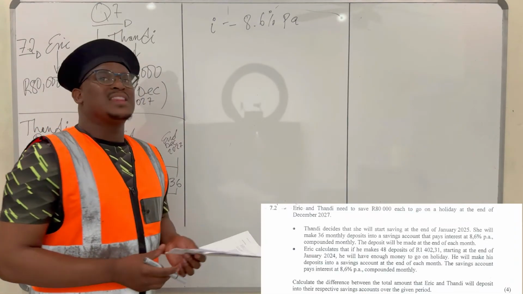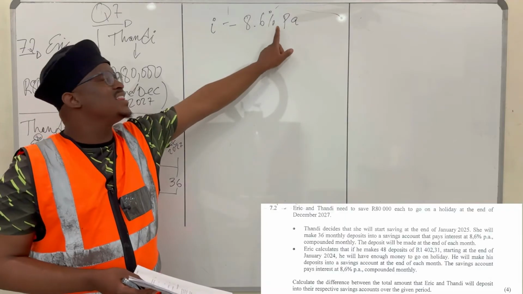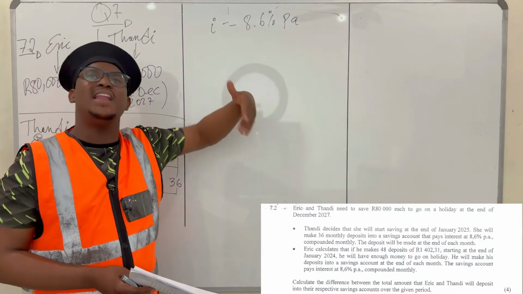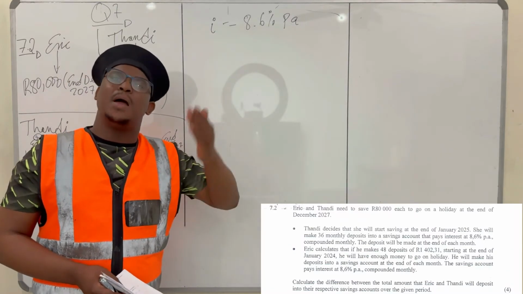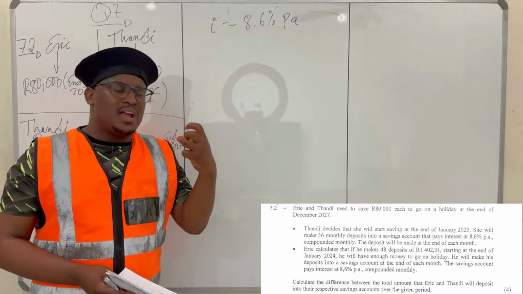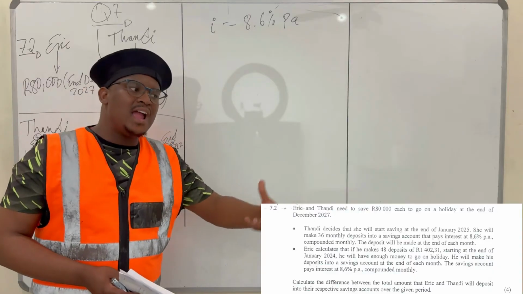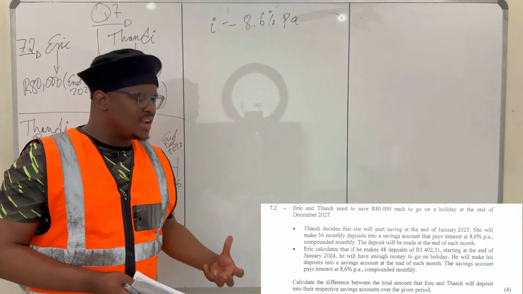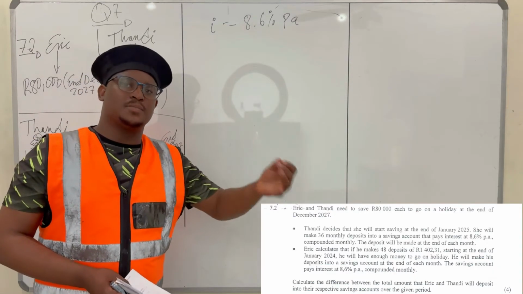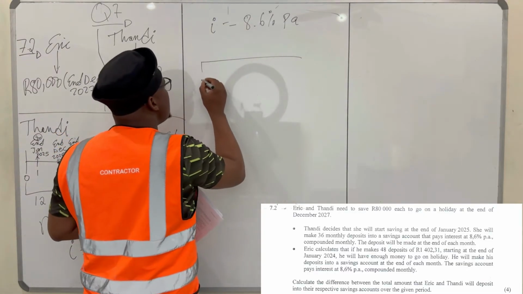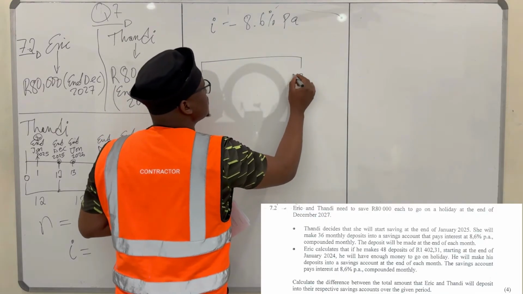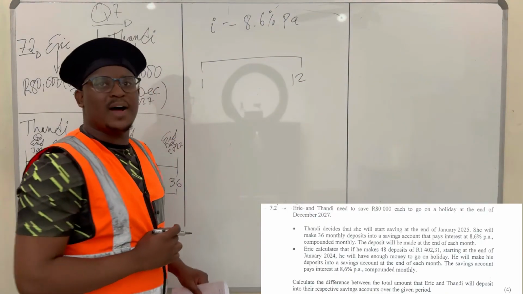You know that she's earning this interest monthly. She'll be gaining interest monthly because her account earns interest monthly. So now, in a year, you have what? You have 12 months, 1 up to 12 months.